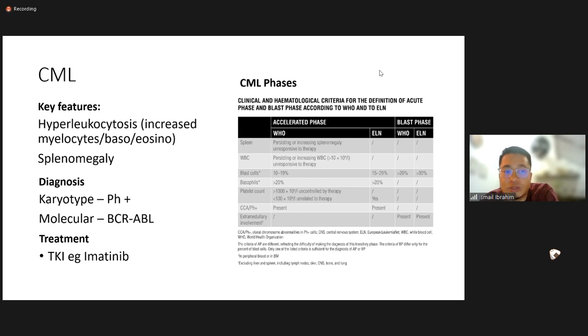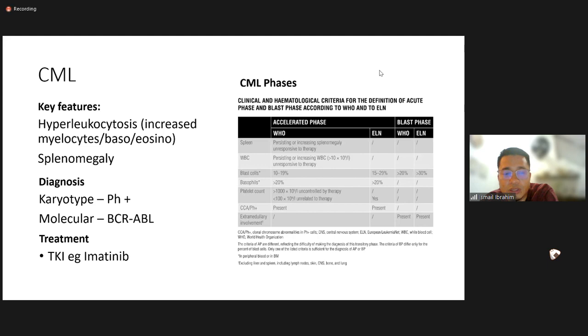Or we can also do molecular tests looking at the BCR-ABL1 gene. For that patient, we identified the genetic mutation using molecular to start with, followed by karyotype or by FISH.